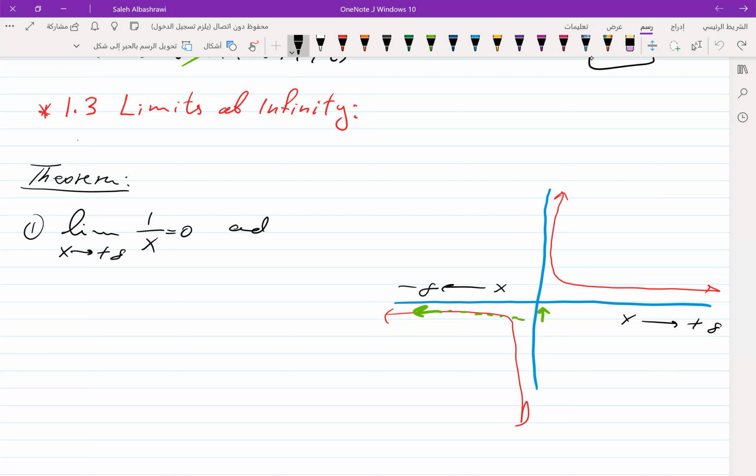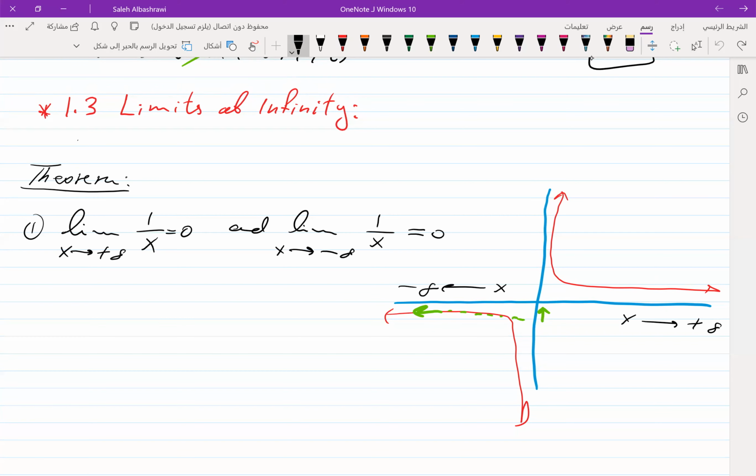And also the limit of 1 over x, where x goes to plus or minus infinity, also is equal to 0. So dividing by a big number will approach 0, either from left or from right.